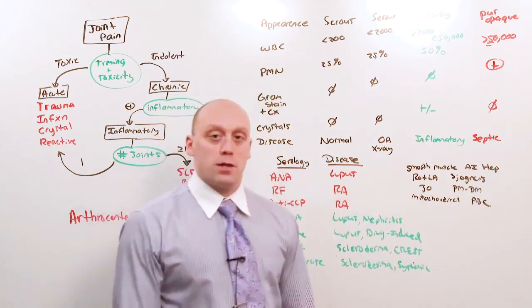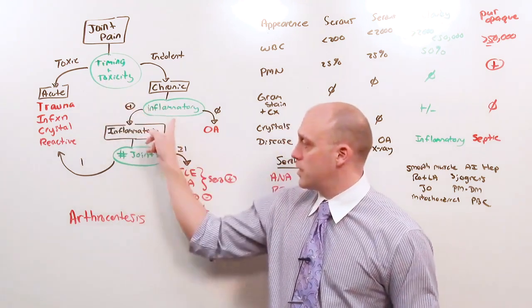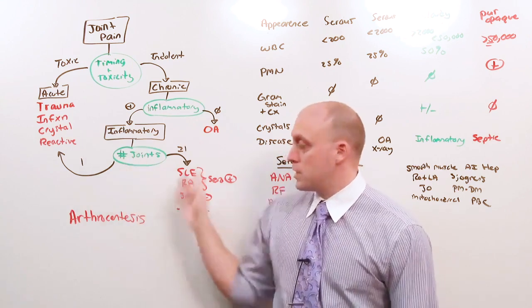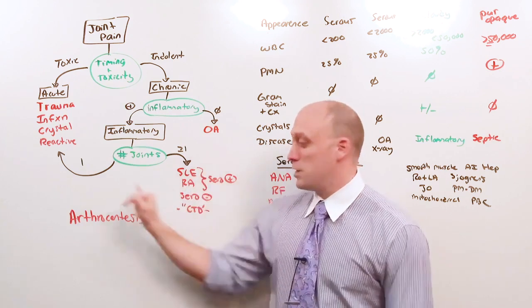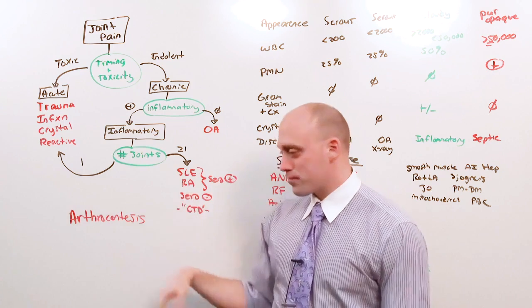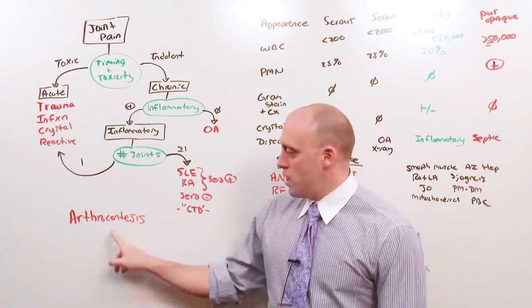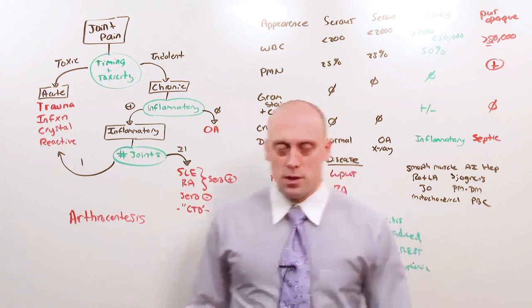All right, so let's review what we talked about. The first was an approach based on timing, toxicity, inflammatory or not, number of joints involved, getting you into a short list that's going to help you make the diagnosis on the wards, and really, this is all you need to consider for the test. A more robust approach is in the intern content. If red, hot, swollen, tender joint, put a needle in it, do the arthrocentesis.